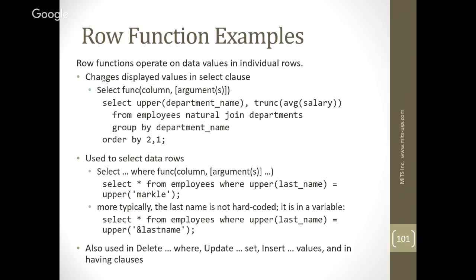Now, here's something a little different. I mentioned that there are other types of joins. So we're saying from employees natural join departments. Wait a minute, we didn't say join on, so how does it know what to join? Natural join says, I'm lazy, I don't feel like getting into the details, you figure it out.